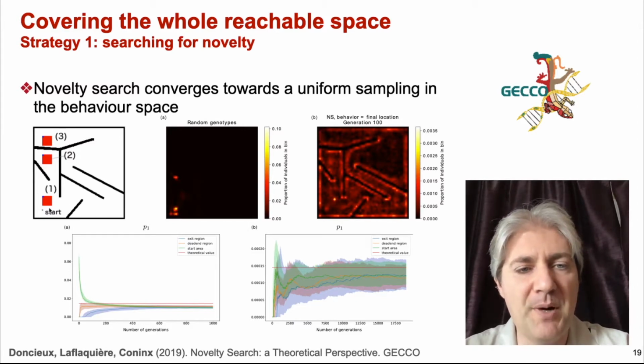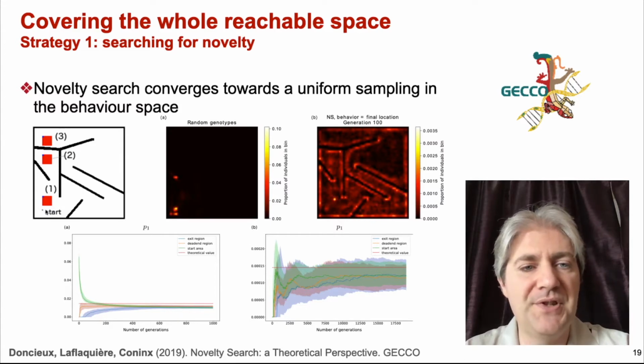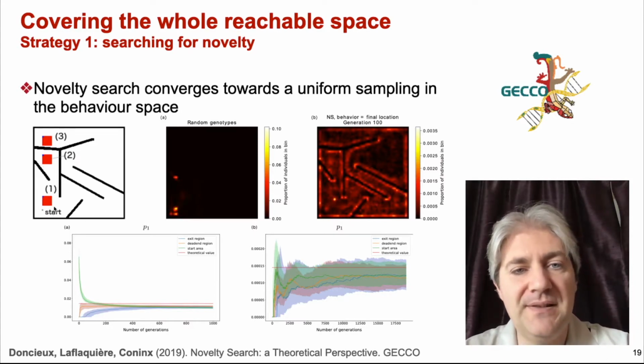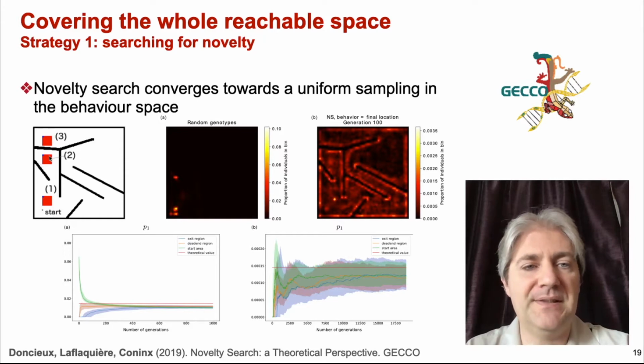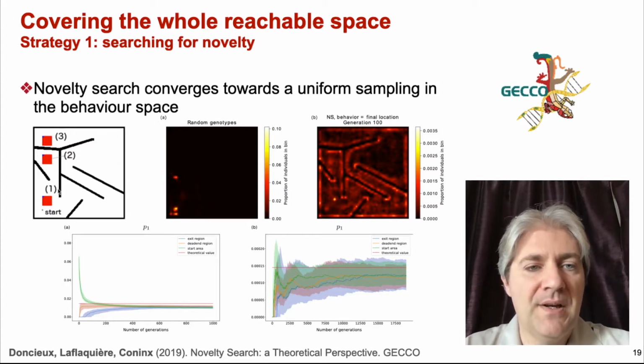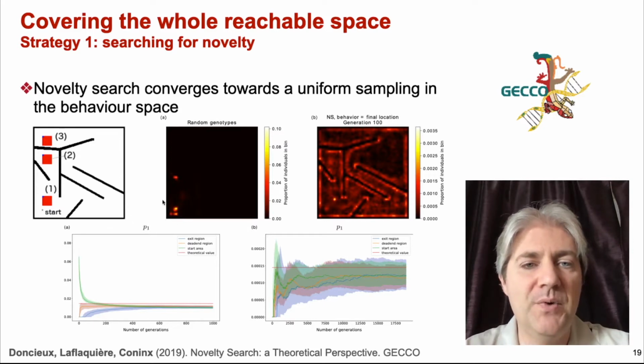So this is a problem in which a two-wheeled robot has to move around, starting from a position here, and one of the goals was to reach an exit here. So this is a deceptive maze, and if we follow a fitness here that measures the distance toward the exit, then the search gets trapped into this dead end. So if we consider just randomly generated solutions, we explore only a very limited part of the behavior space.